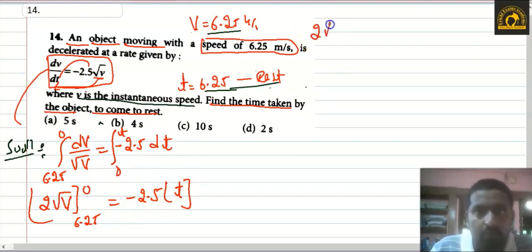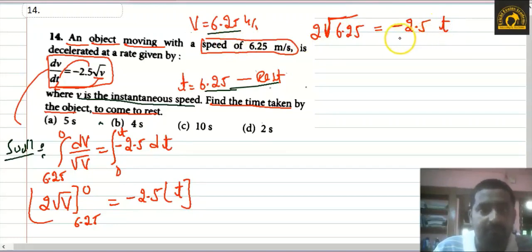Now 2 square root of v, with the speed 6.25, is equal to minus 2.5 into t.